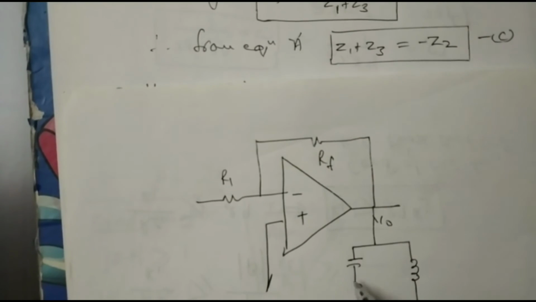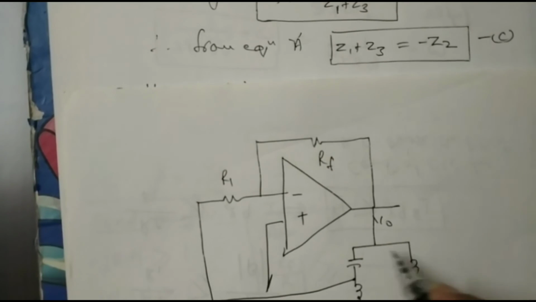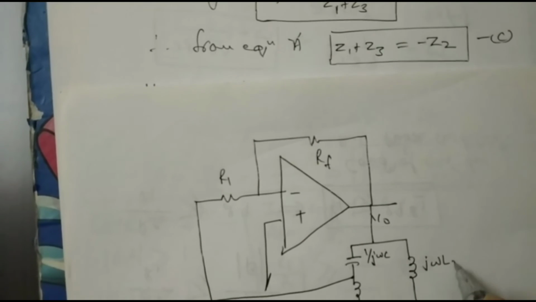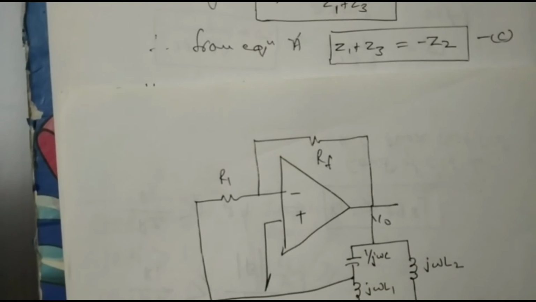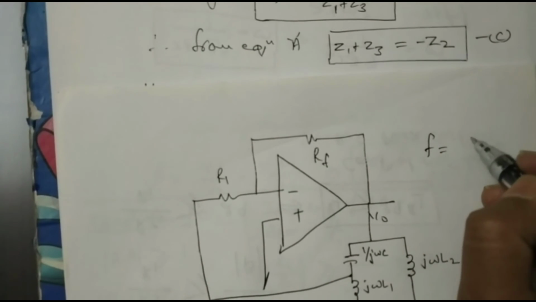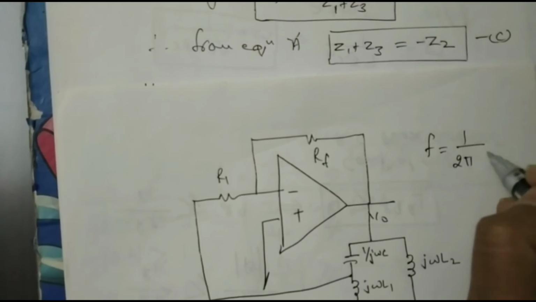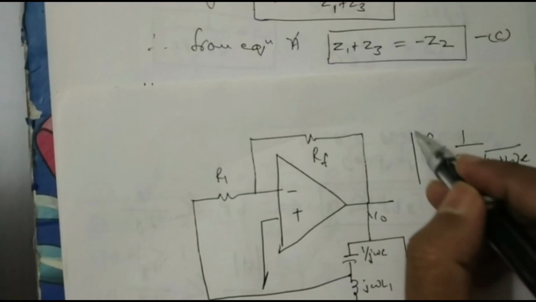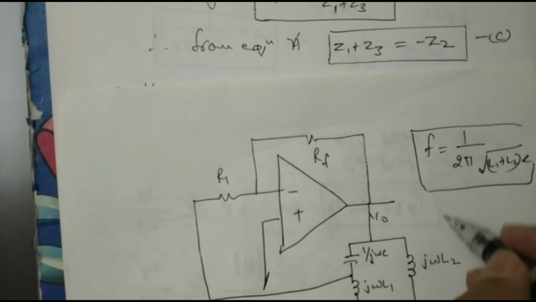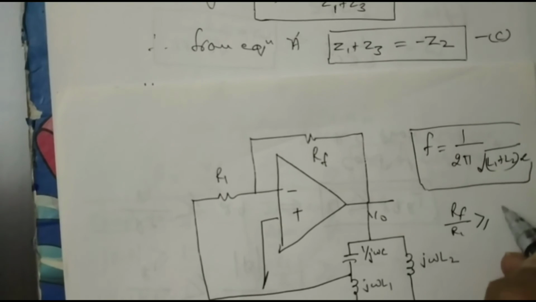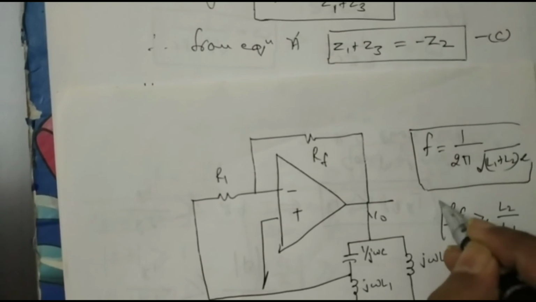So the figure goes like this and we connect it over here. It will be 1 upon j omega C, j omega L2 and j omega L1, with the frequency of oscillation f equals 1 upon 2 pi under root of (L1 plus L2) into C, and the condition of oscillation RF upon R1 greater than or equal to L2 upon L1.